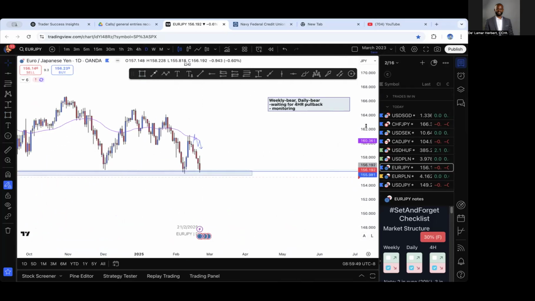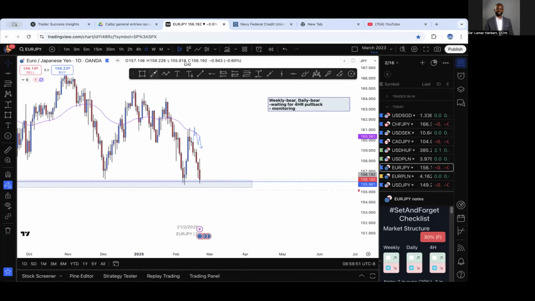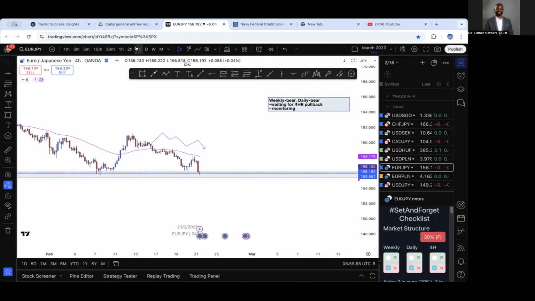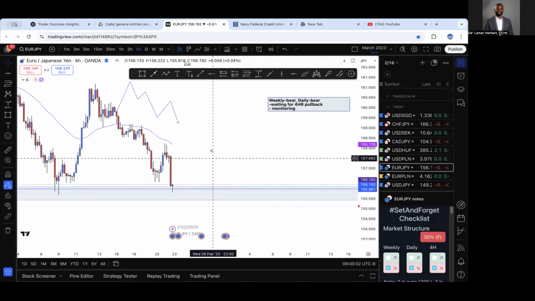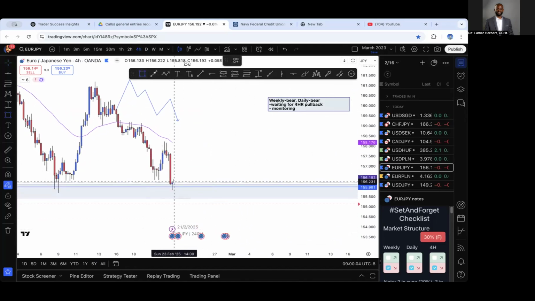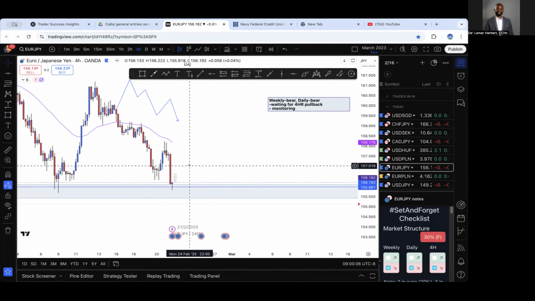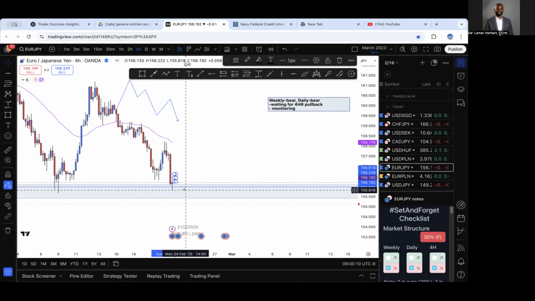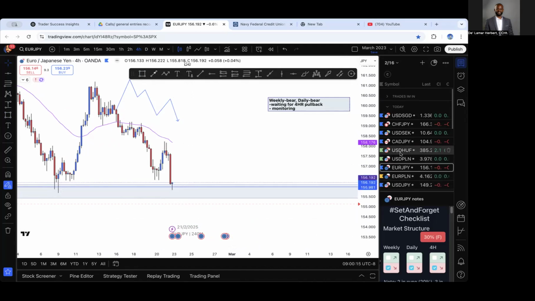Daily is bearish, right? 4 hour is bearish. So we can just wait for this 4-hour pullback, and then we can start looking for entries. So I'm just gonna monitor this one here, but this does look a little bit more ready than monitoring.